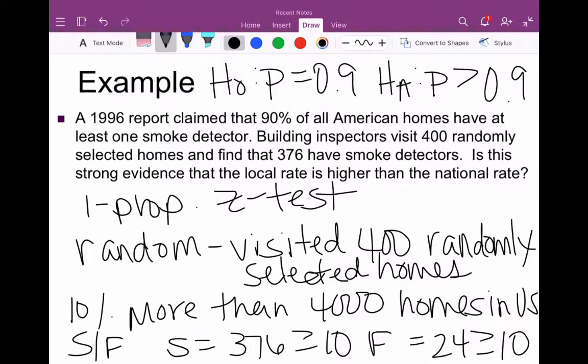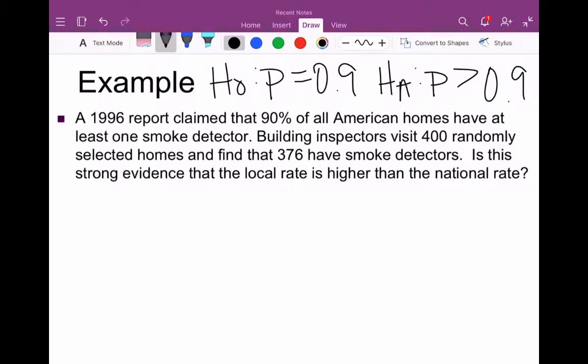Now that we've checked our assumptions and conditions, we can then move on to the mechanics. The mechanics, again, are where we perform our calculations. So our sample proportion, p hat, is equal to 376 out of 400, which is 0.94.